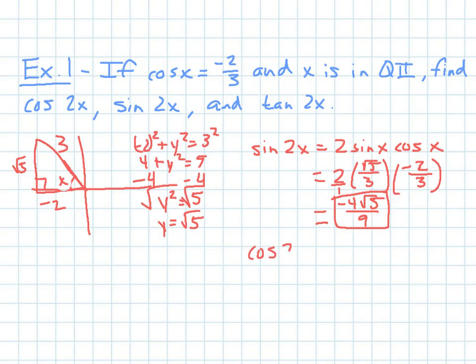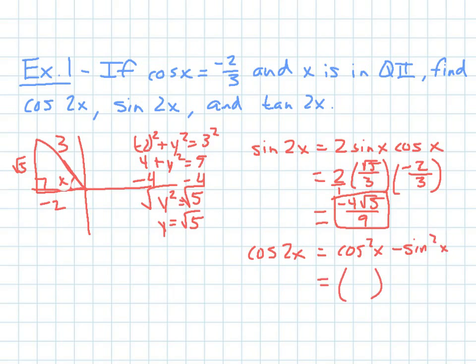Cosine of x, like we said earlier, you have multiple choices, so it doesn't really matter what you do. Let's use the cosine squared minus sine squared one. It doesn't matter which one you use because you're going to get the same thing for each one.